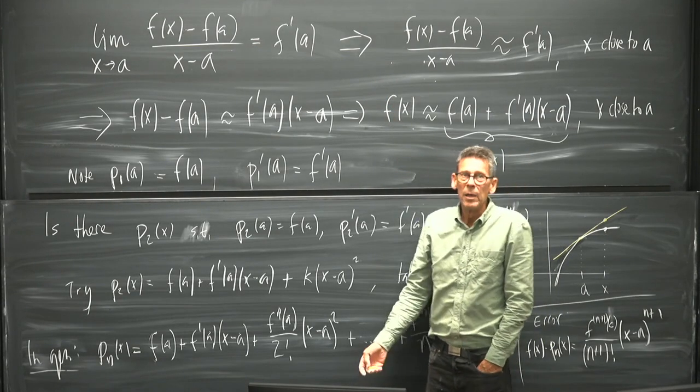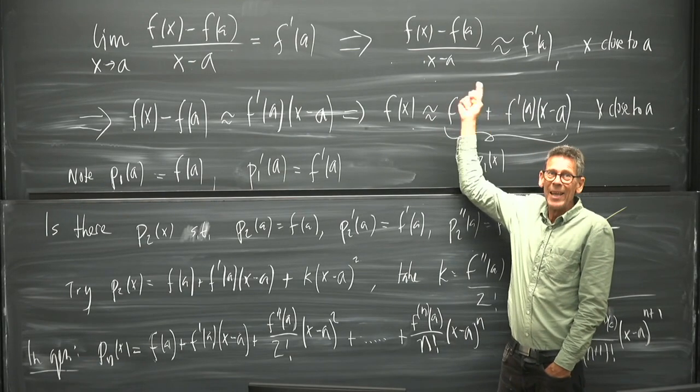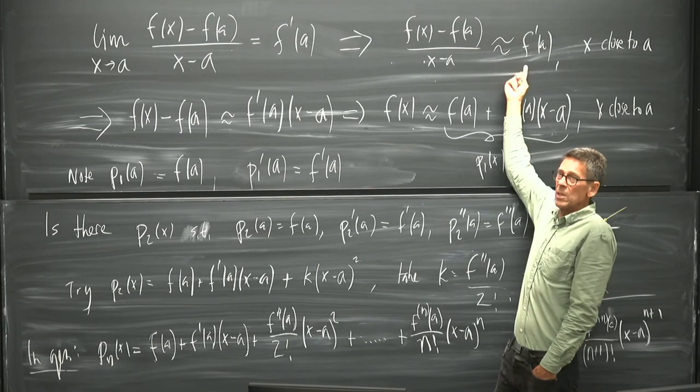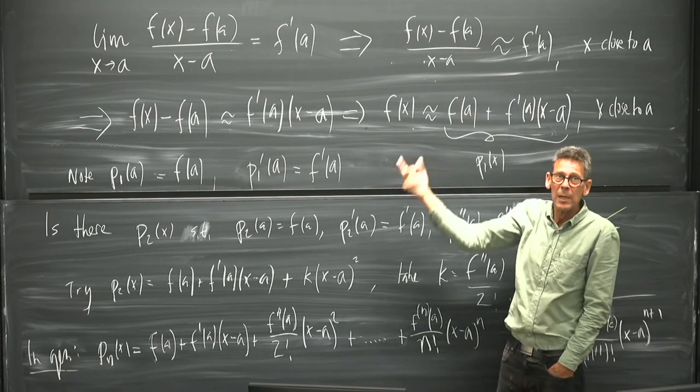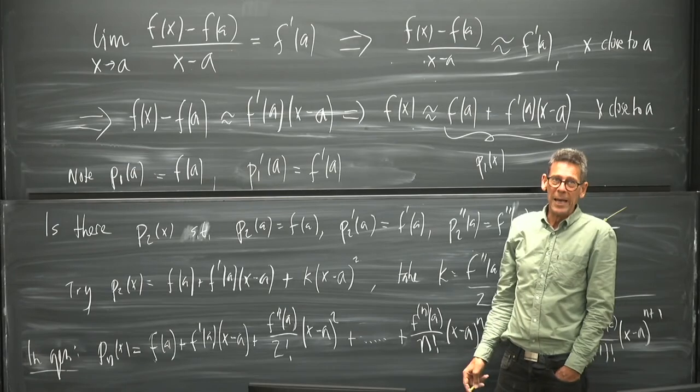So for all x sufficiently close to A, this quotient is approximately this number, right? This is what it means for f to be differentiable at A.